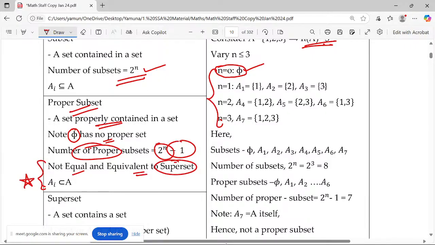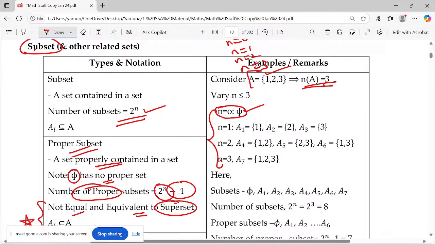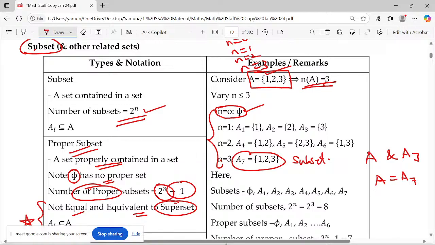You cannot say it's equal and equivalent to superset, because if it is a superset we'll have all three. For example, in this example, what is a superset? Containing 1, 2 and 3. This is the subset which also contains 1, 2 and 3. If you talk about A and A7, A and A7 are equal, right? What do you mean by an equal set?